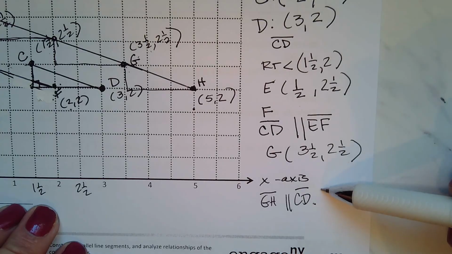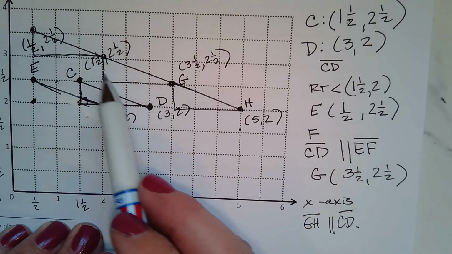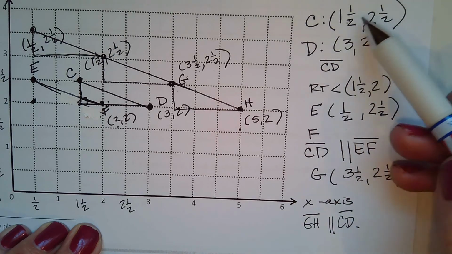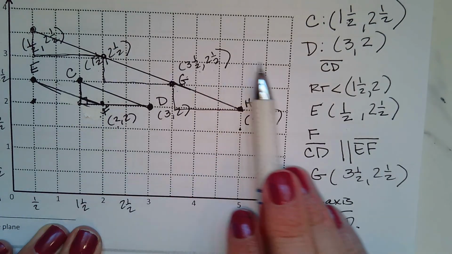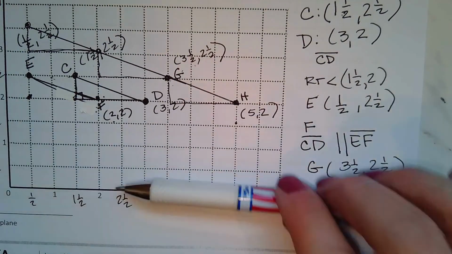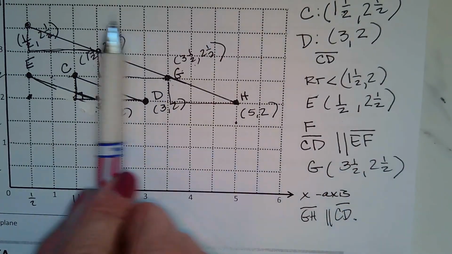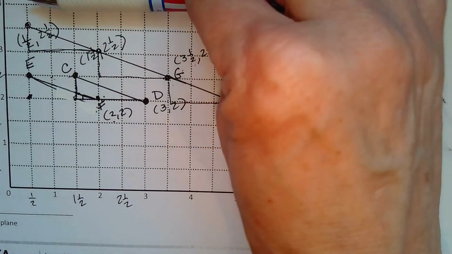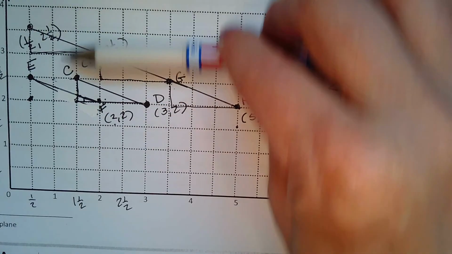You're looking for the relationships in our coordinate plane. You're looking for the relationships and how the numbers increase or decrease. So this would be the x-axis increasing or decreasing. This is the y-axis increasing or decreasing.